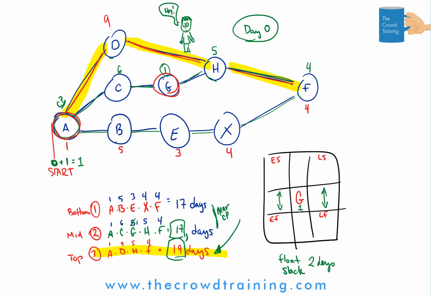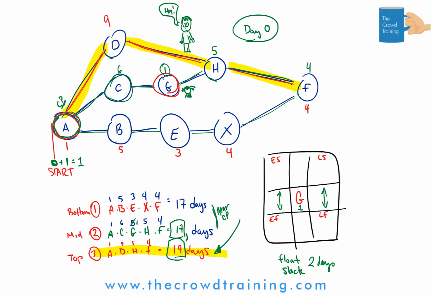Let me explain how that visually works in a scenario. So you are the one, let's say this is you, give you a cool little haircut or something, and you are the one who is assigned to perform the work of activity G. You have other work that needs to be done, and if it's day 1 or day 0, you can't work on G because A and C must be done first.